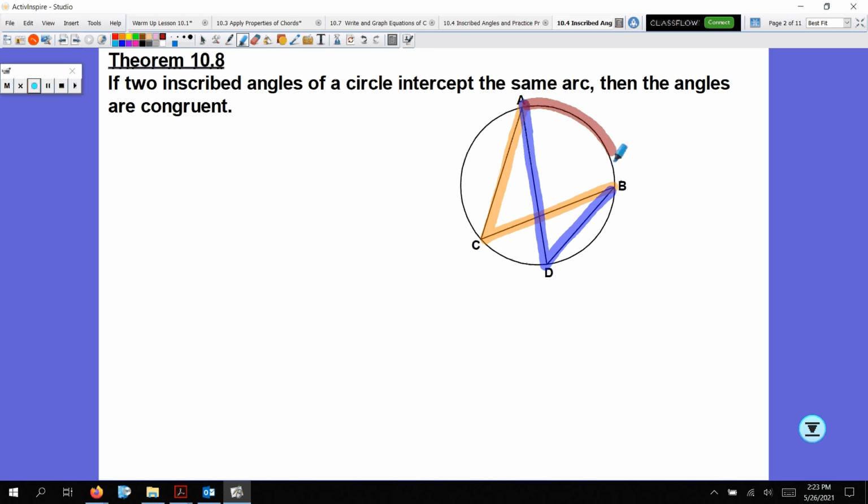This arc AB has been intersected by both of those, the one in orange and the one in blue. That means those angles are congruent. So we can go ahead and use our little fancy mark to show that those angles are congruent in there. Sometimes it helps for me to draw with the pencil. I don't know if you have any colored pencils or crayons to see that they're intercepting the same arc so that you know that those angles are congruent.